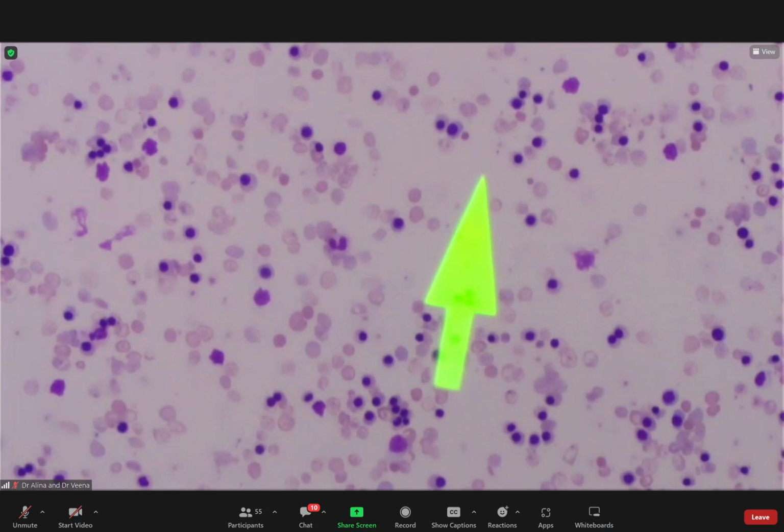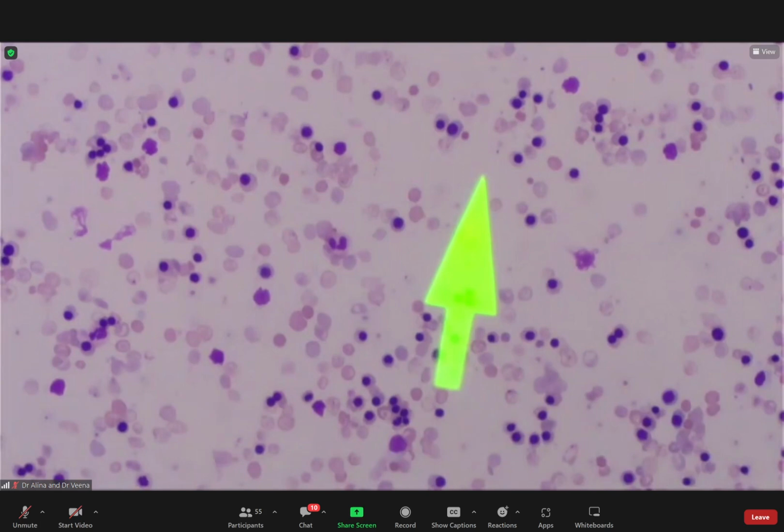Okay. So this case is of a 19-year-old gentleman with underlying beta thalassemia major presented to the clinic with worsening anemia. HB was 4, total white cell was 30, platelet was 376. Now looking at this blood film, do we agree with the white cell count?